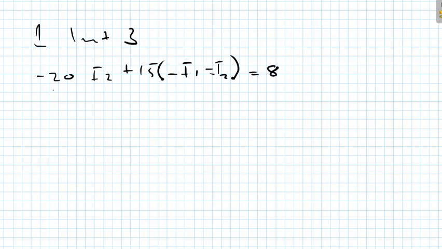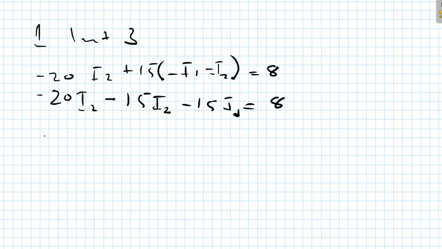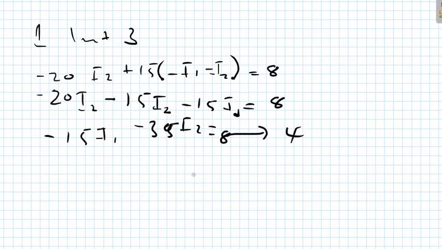If we simplify this, we get minus 20 I2 minus 15 I2 minus 15 I1 is equal to 8. Therefore, minus 15 I1 minus 35 I2 is equal to 8. So this one will be our equation 4.